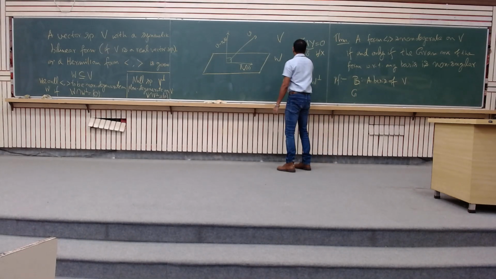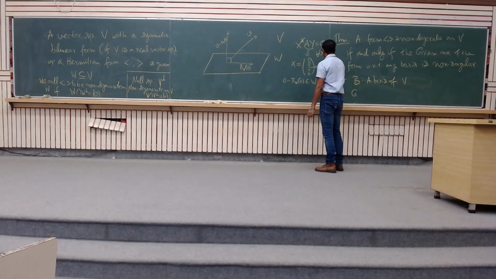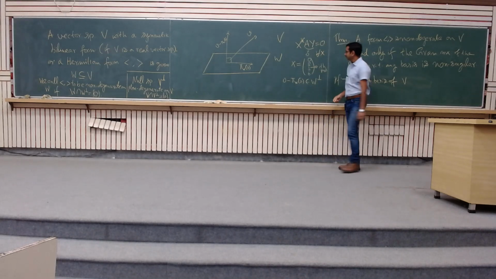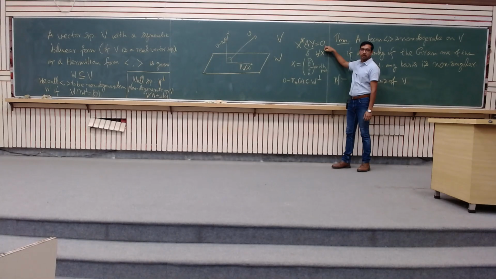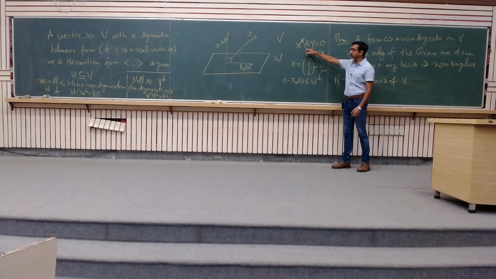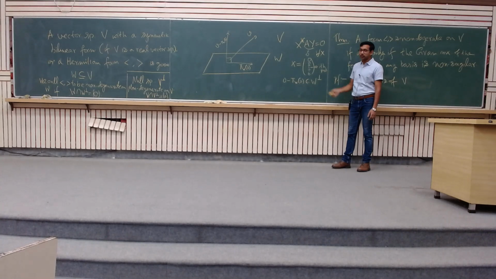Take x to be all zeros except 1 at a single position, say the ith position. And that would give you the ith component out, and that would also be equal to 0, because this is true for all x's. So that would mean that each component of this is 0. That would mean that Ay is entirely 0.